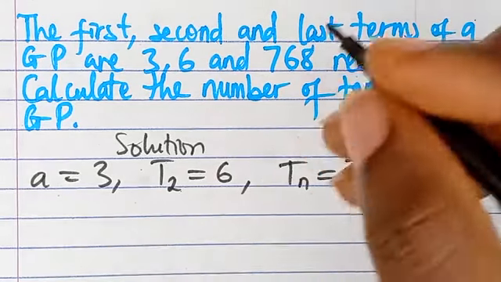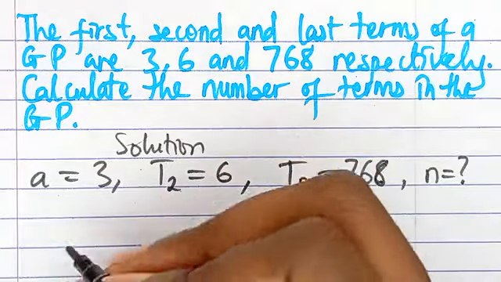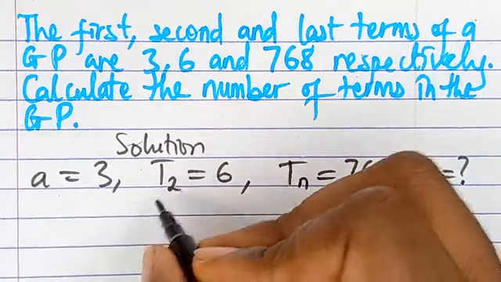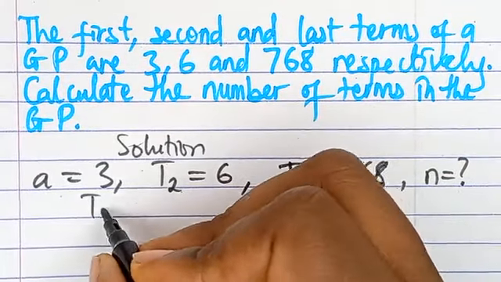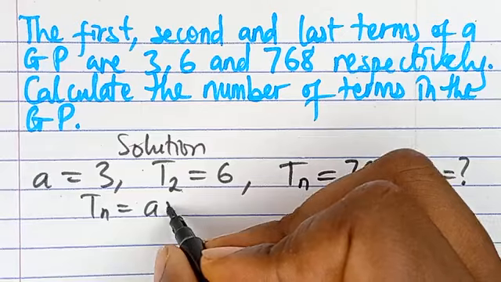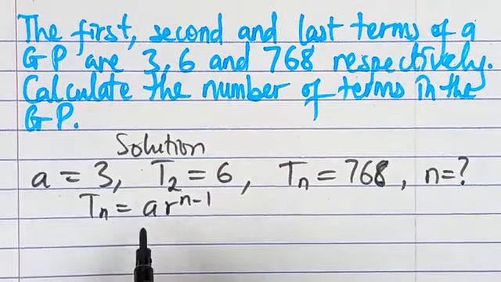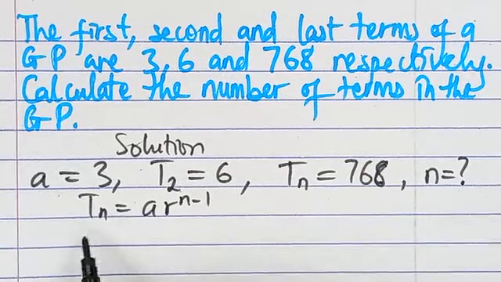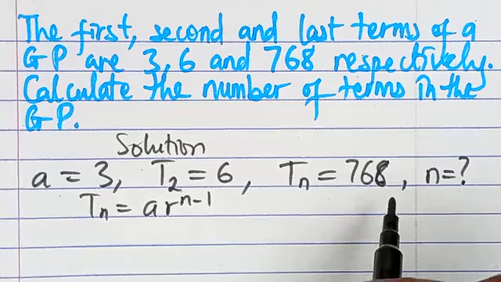Okay, so like we said that we have A. So the common ratio, that is what we need, because the general formula for the nth term of a GP is equal to ar^(n-1). So we have A, we are looking for n, and we already have the nth term, right? 768.